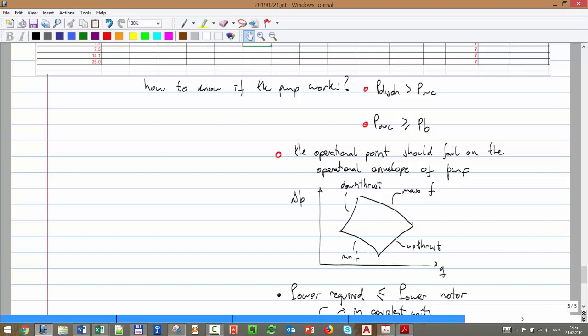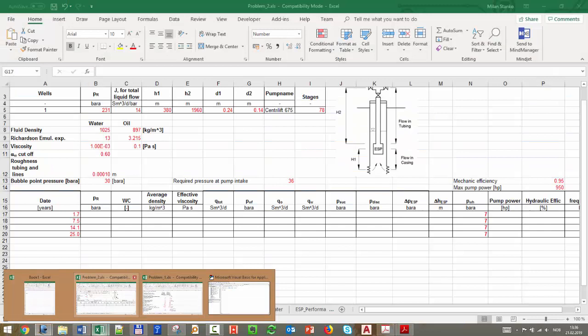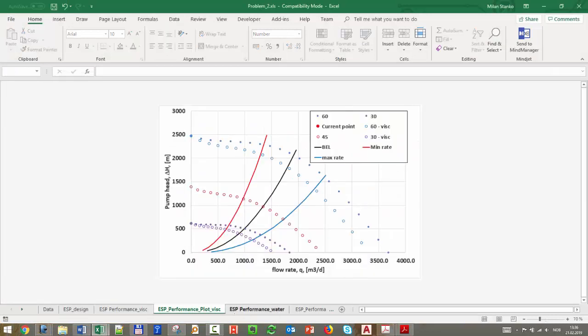But now how do we check this one and this one? I have provided for you the map of the pump, in terms of the head. Let me just copy that.